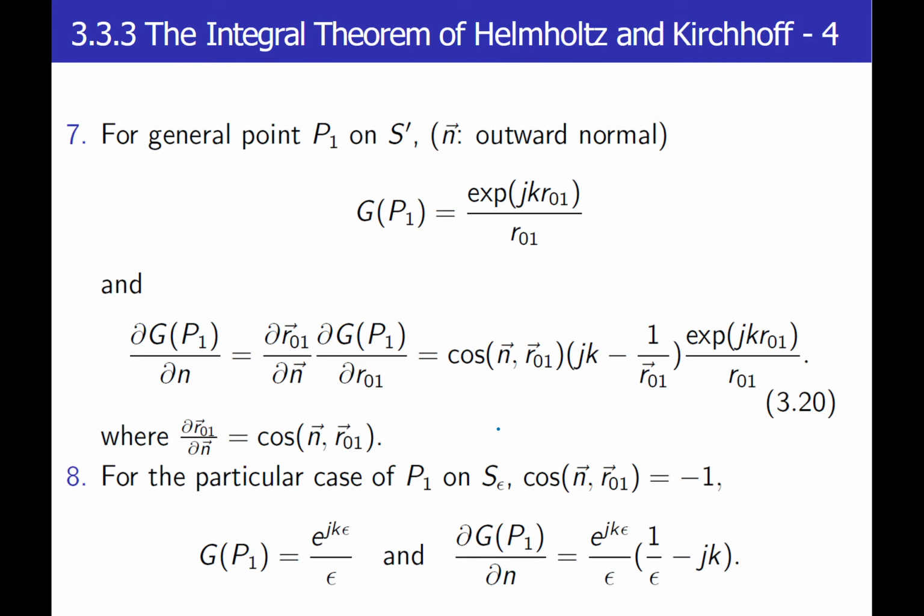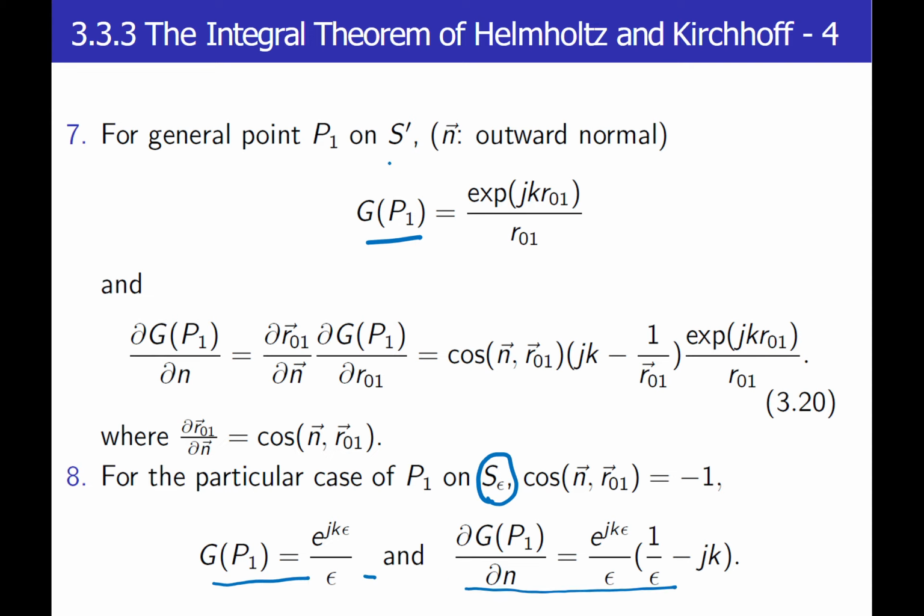And then finally, what we can get is, for the known G, we have found out in the case of a small spherical surface S epsilon it is given by this one, and is given by this one.